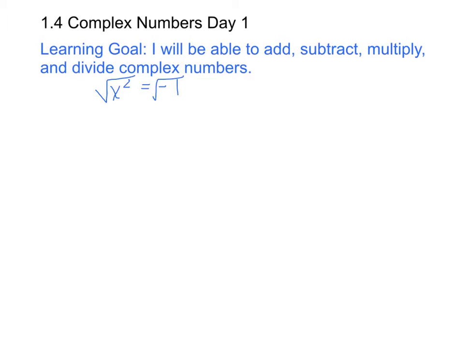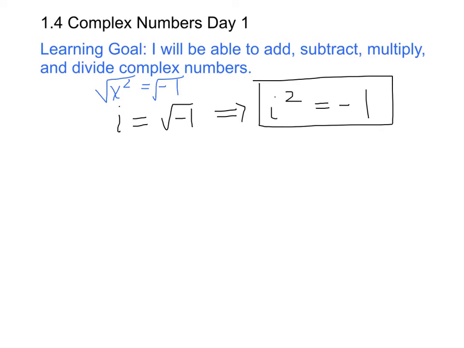So what we do is we use the imaginary unit i to represent the square root of -1. So anytime you have a negative under your square root, you always use i to help you simplify it, which means that i squared always equals -1. So you want to remember that.